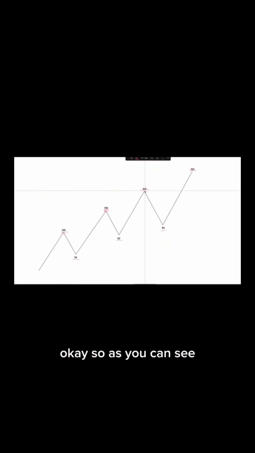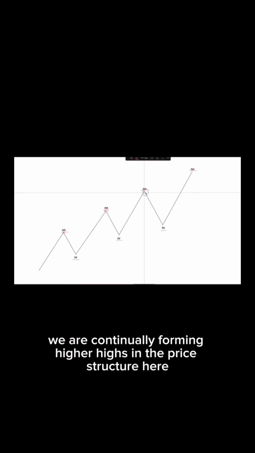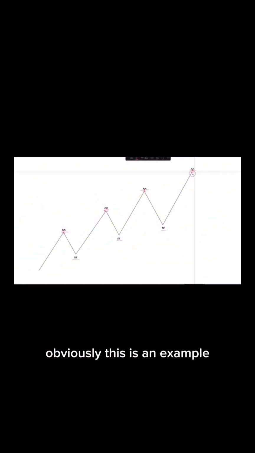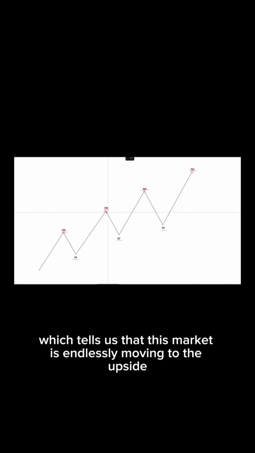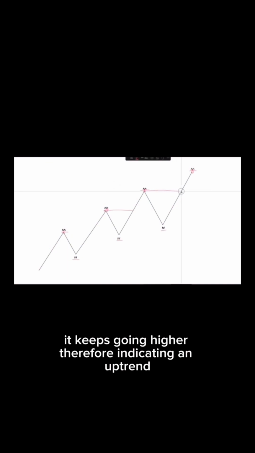As you can see, we are continually forming higher highs in the price structure here. Obviously, this is an example, but you will see this on the real chart in a moment, which tells us that this market is endlessly moving to the upside. It keeps going higher, therefore indicating an uptrend.